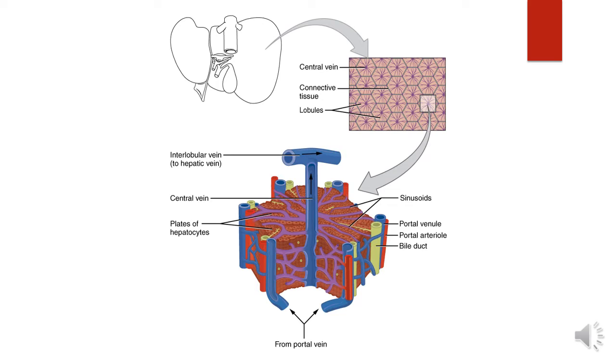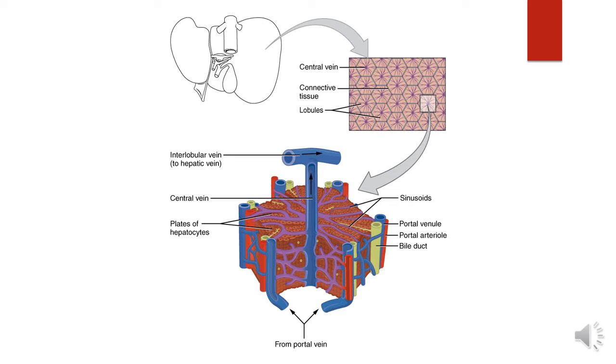The hepatocytes, on the opposite side, have all the biochemistry, which drains outward from the center towards the outside of each of the lobules, which then collects together and forms a bile duct. So blood goes into the middle and bile comes out towards the edges.